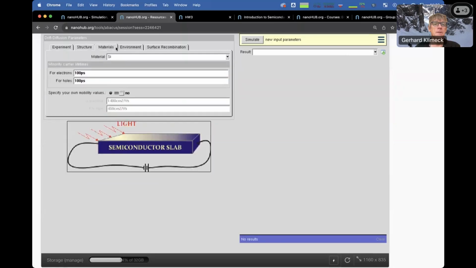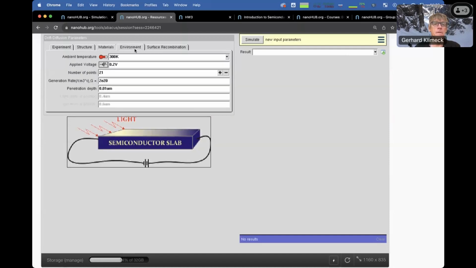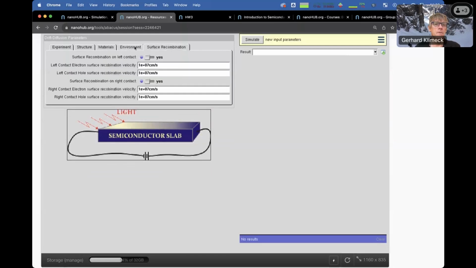Let me make sure 1 micron, 100 picosecond. Let's make that microsecond. This is fine. Okay, I think I got it all to where I want it.